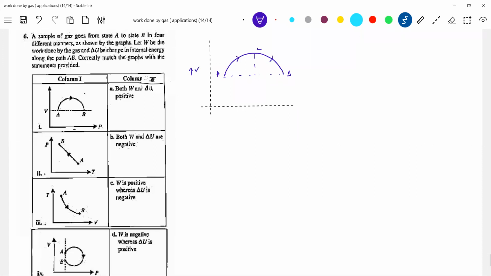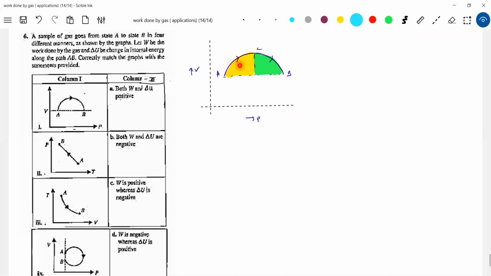So there's a volume, there's a pressure. Let me shade this part of the graph. So what is work done in A to C? What about work done by the gas in here?